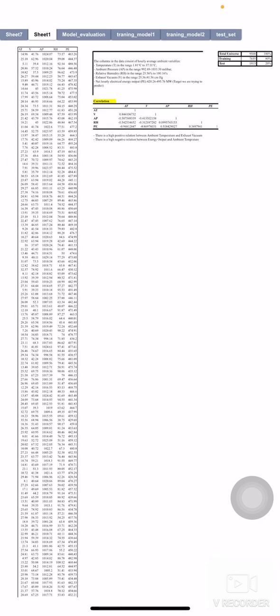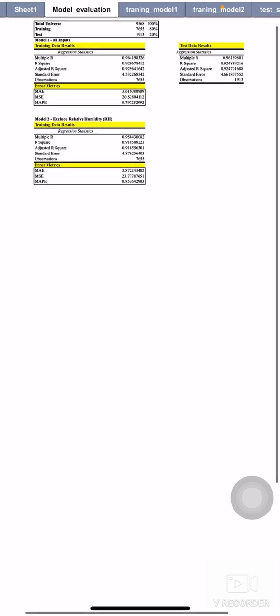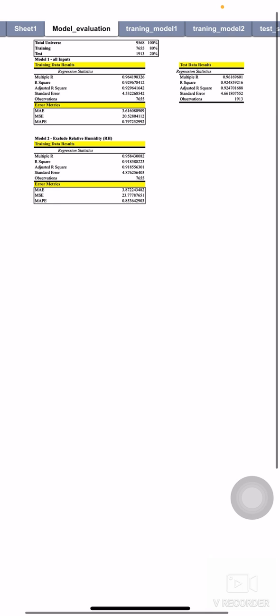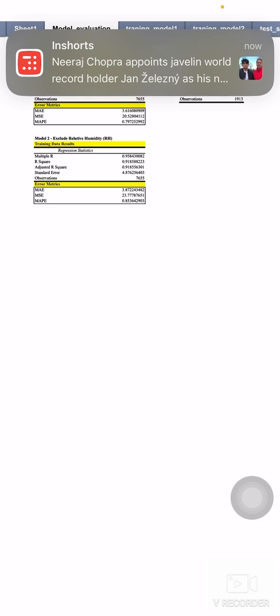Along with that, in order to determine the error matrix, I have calculated the MAE, MSE, and MAPE. So the model which I used to determine the matrix is multilinear regression model, because there are multiple independent variables involved, which is determining the outcome of the dependent variables.